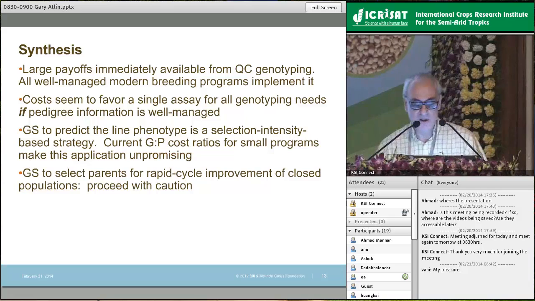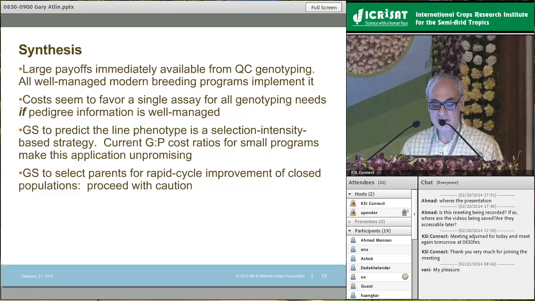Genomic selection to predict the line phenotype is a selection intensity-based strategy, and current genotype to phenotype cost ratios for small programs make this application unpromising. It might be more promising if we focused on adaptation-related traits, or quality traits that should be easier to predict at higher accuracy, and would prevent us from moving to the starting line for field testing materials that are not going to be useful.